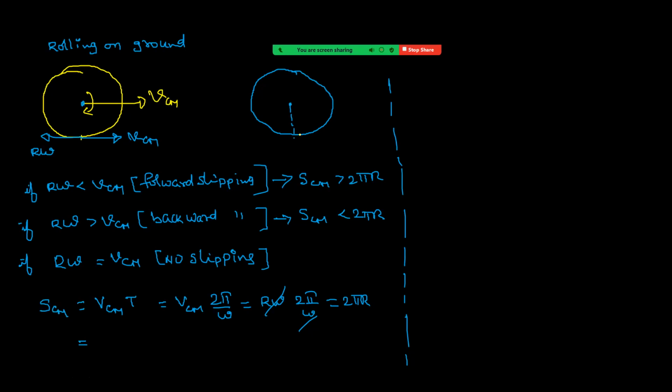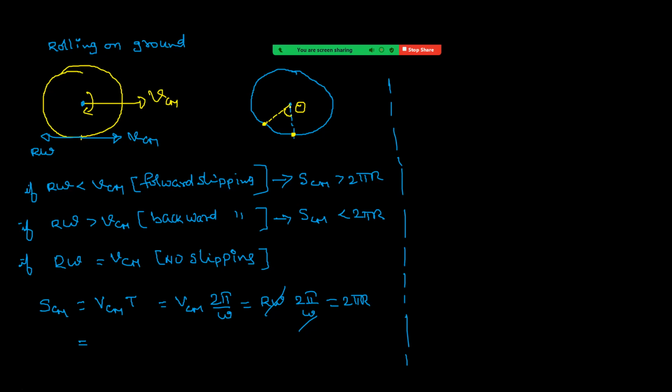So we are taking a point on the circumference. Let us set time t equal to 0, when it was in contact with the ground. After some time, this point will be somewhere here. Suppose this is theta. This is now the location of the same point.